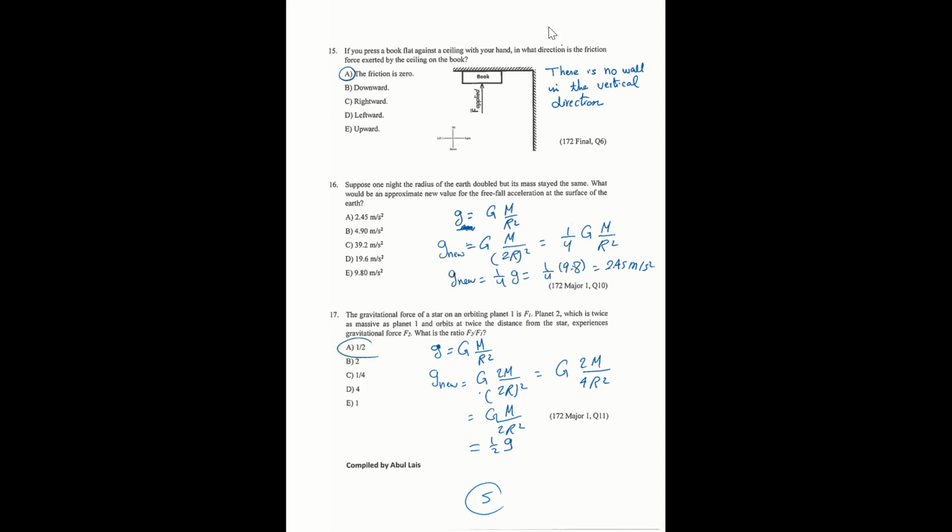Now problem number 15, it says that if you press a book flat against the ceiling with your hand, in what direction is the friction force exerted by the ceiling on the book? So remember that you have to check the book and how it moves. If you remove the force, the book will fall like this.